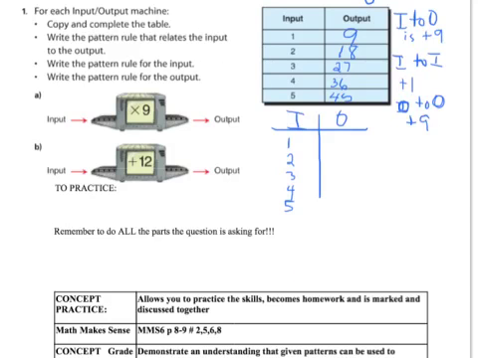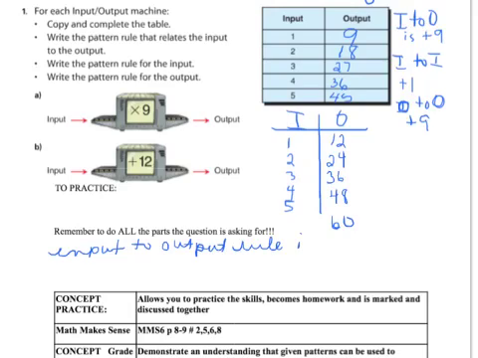All right, let's take a look. It's times 12. Well, 1 times 12 would be 12, 2 times 12 would be 24, 3 times 12 would be 36, 4 times 12 would be 48, and 5 times 12 would be 60. So our input to output rule is multiplying by 12.